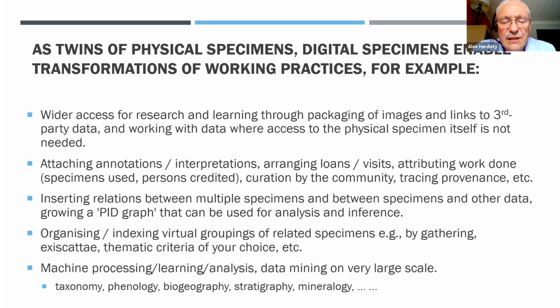And of course, digital specimens admit to machine processing, learning and analysis, and data mining on very, very large scales across all of the subdisciplines where specimens provide the scientific basis for: taxonomy, phenology, biogeography, stratigraphy, mineralogy, and others.